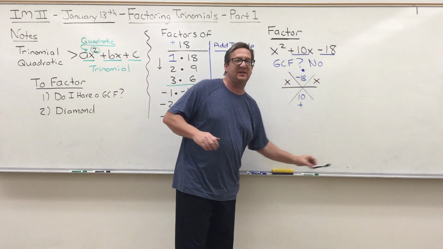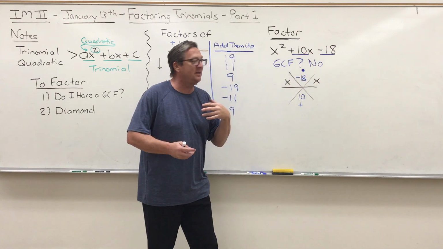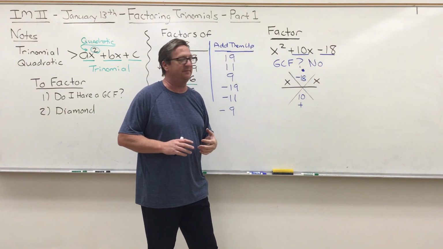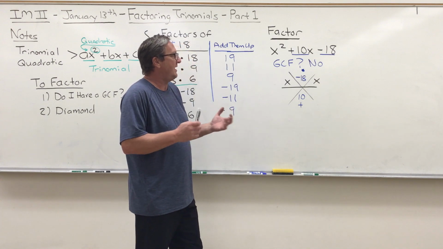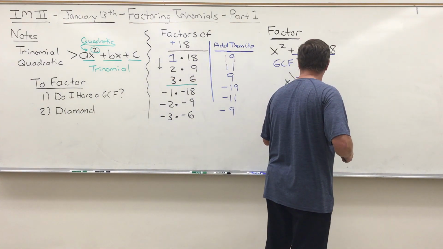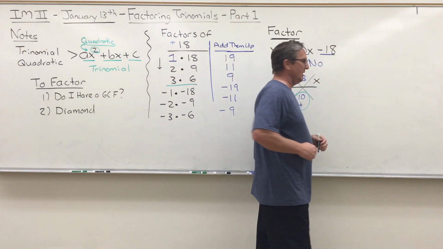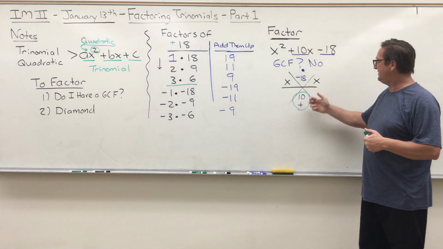And don't make the mistake, especially when sometimes this number can be bigger than this one. Don't make the mistake of putting them in the wrong spot. Okay? We multiply to get negative 18, and we add to get to the middle. So you start playing the game, and you're saying, okay, it's negative 18 and 10.